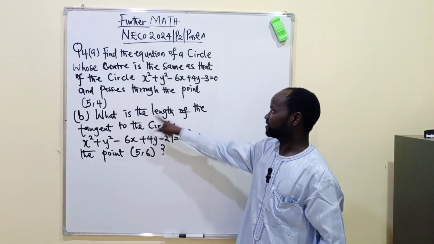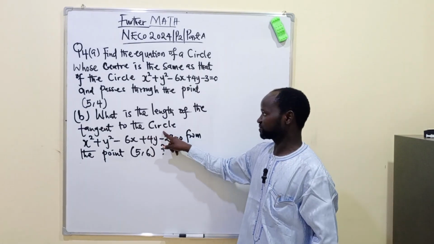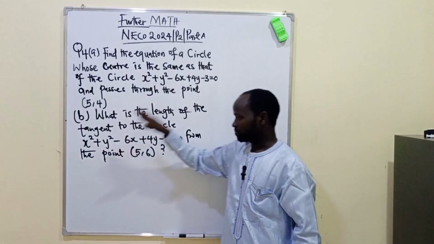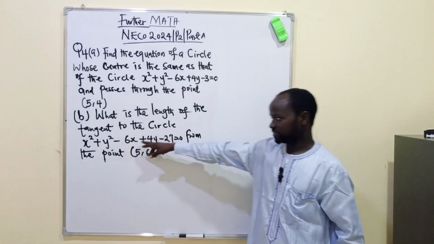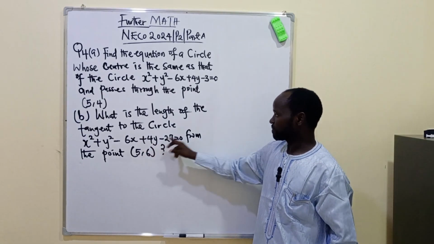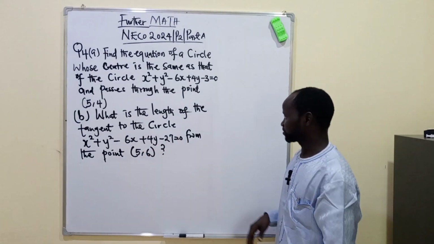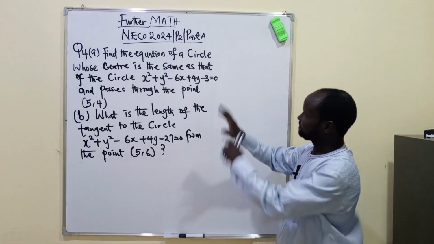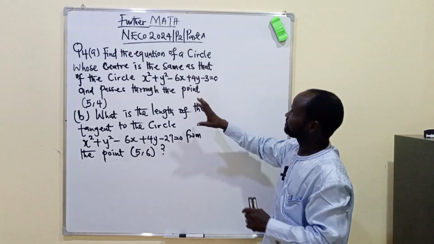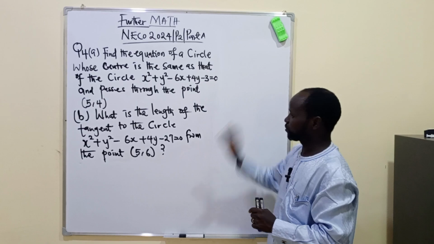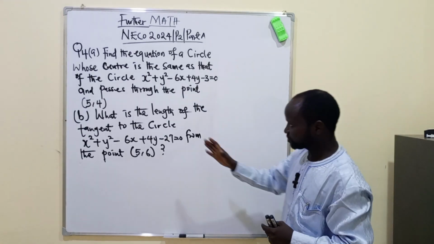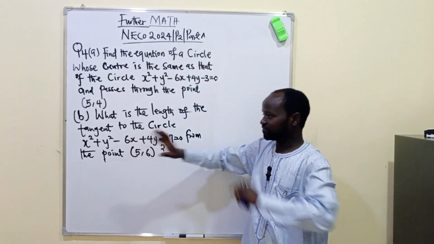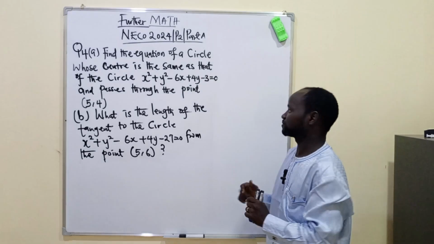Question b: what is the length of the tangent to the circle x squared plus y squared minus 6x plus 4y minus 27 equals 0 from the point (5, 6)? The first thing to do is to identify which topic this question is from. Of course, questions a and b are from conic sections.